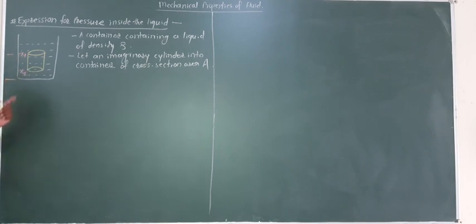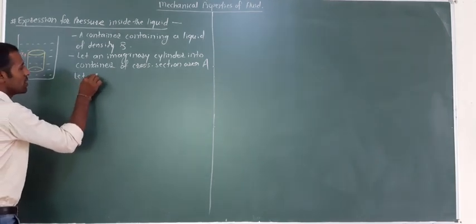The distance between these two points is h, the height of the cylinder.